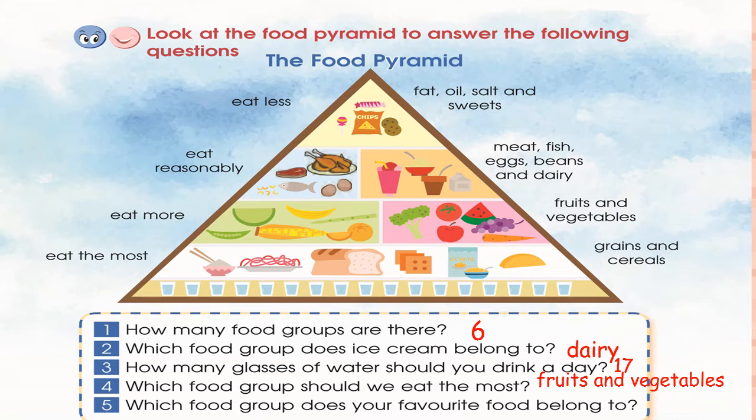We must eat this food more and more and more. Number 5: which food group does your favorite food belong to? Grains and cereals. I like grains and cereals more and more and more. I like to eat this kind of food. This is my favorite kind of food. Okay?